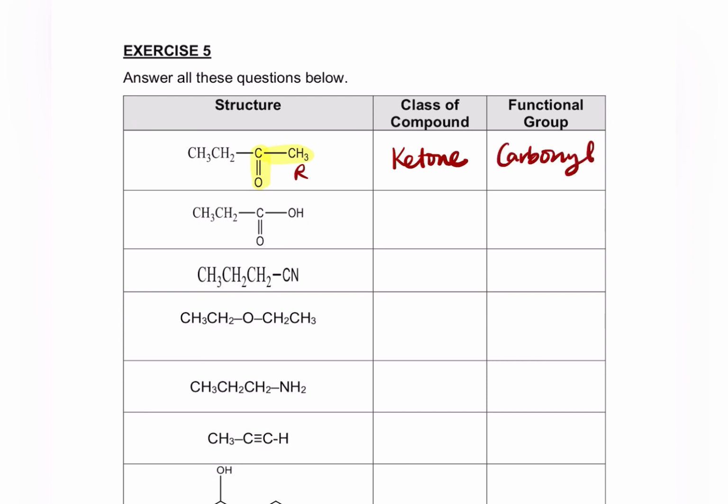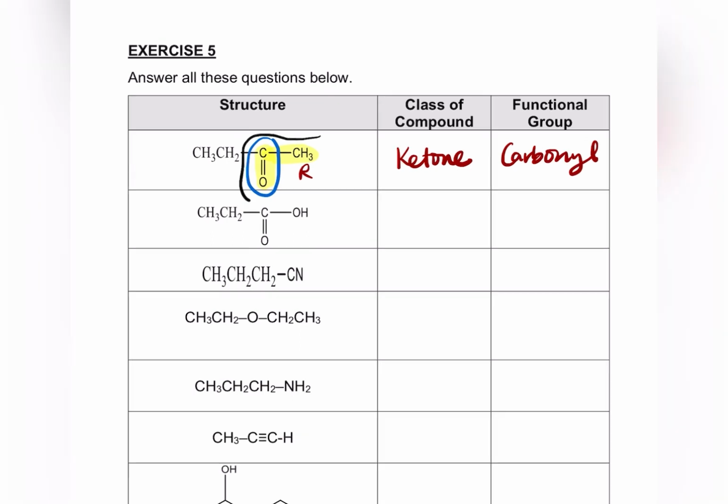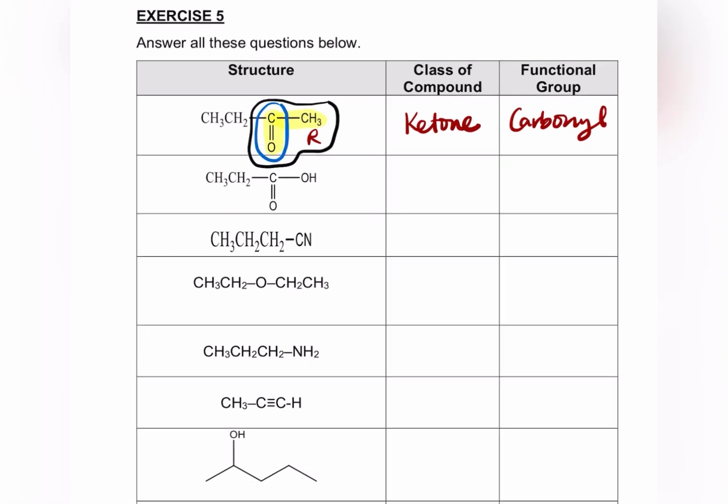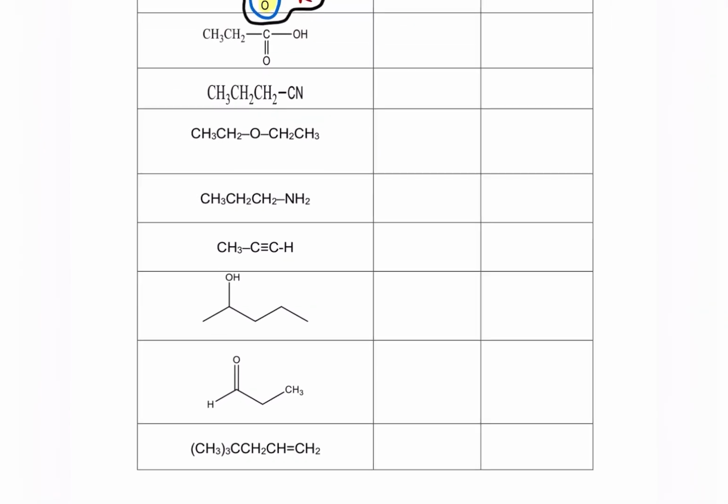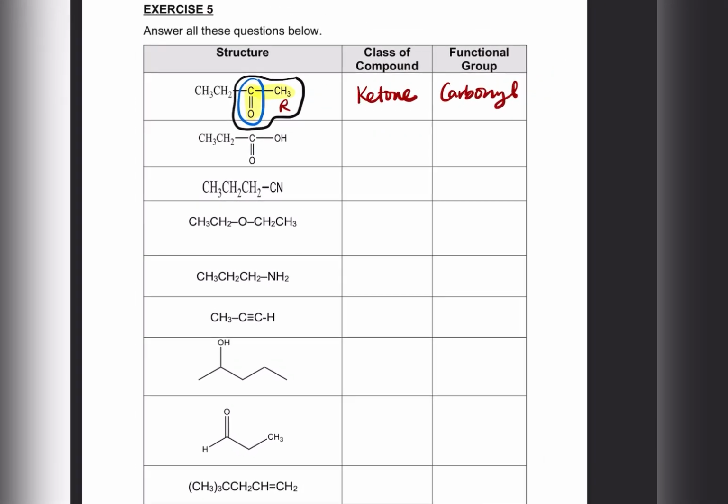And when you want to circle the structure for carbonyl, you can circle this one, or you can circle the black one, including the R group. Both ways are acceptable for me. So I hope you can try the rest of the structures based on exercise 5.